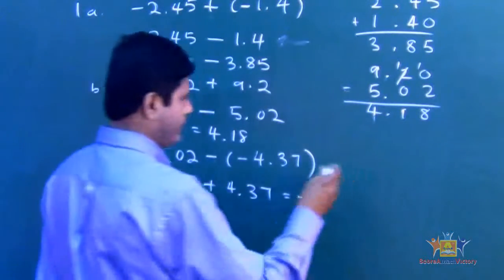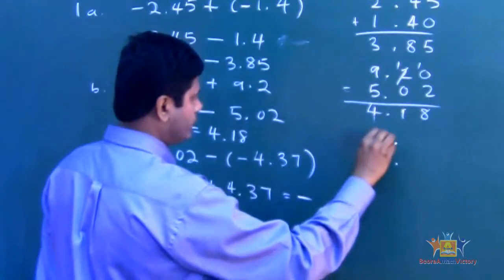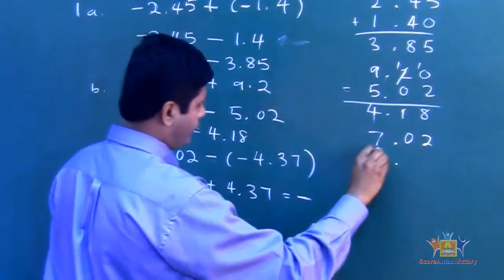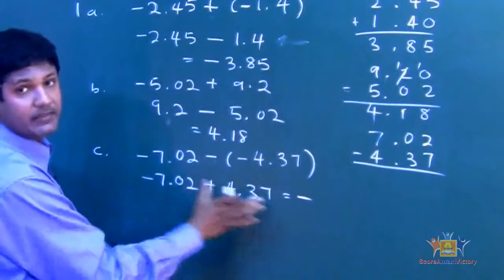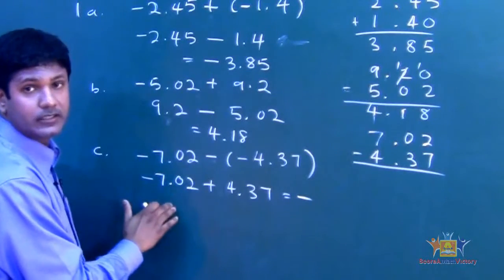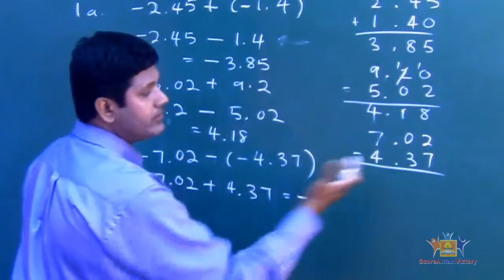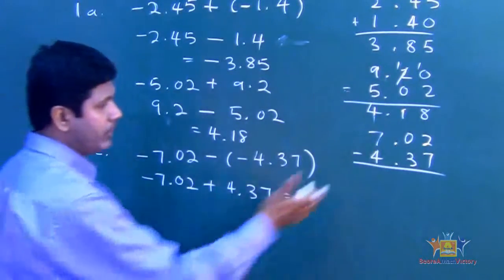So I'm going to line it up. Grab the decimals and line them up: 7.02 and then 4.37. I'm going to subtract, because this is a positive and this is a negative. I'm taking this and applying it towards the negative. Pretty much I'm taking 4.37 out of the 7.02. Okay, so that's what I'm subtracting.